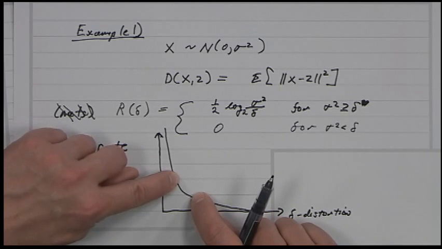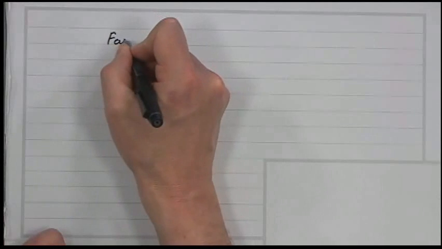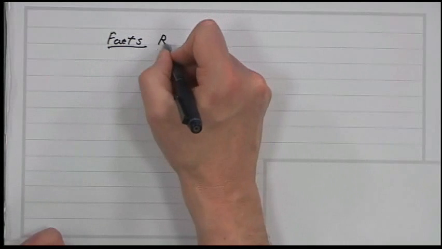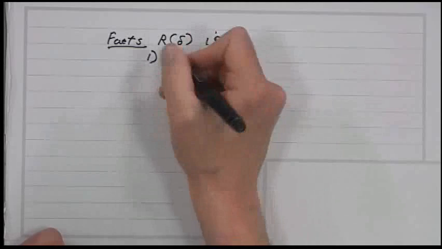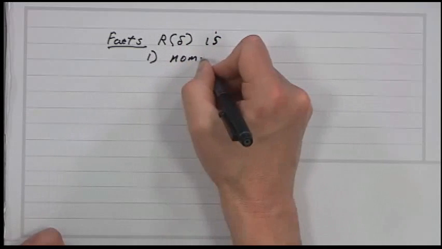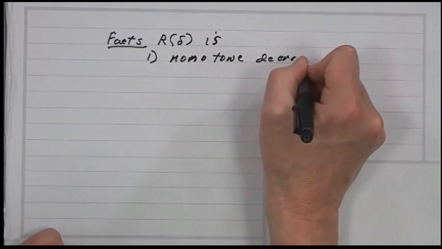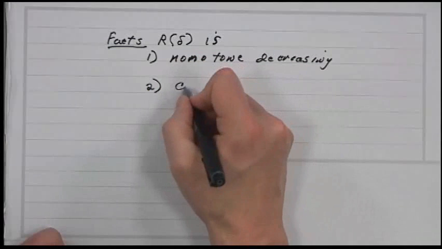You can show it's convex because, if you have two points, one way of producing an intermediate one is by mixing them. The facts: R of delta is, 1, monotone decreasing, 2, convex.